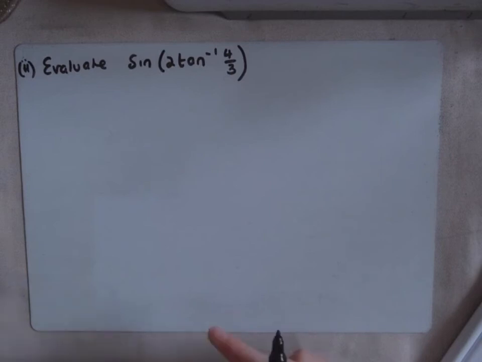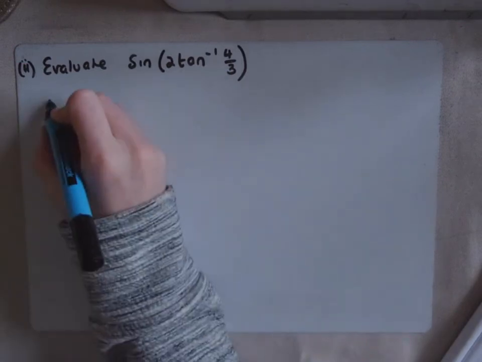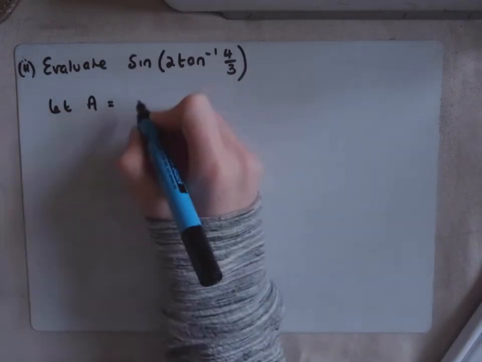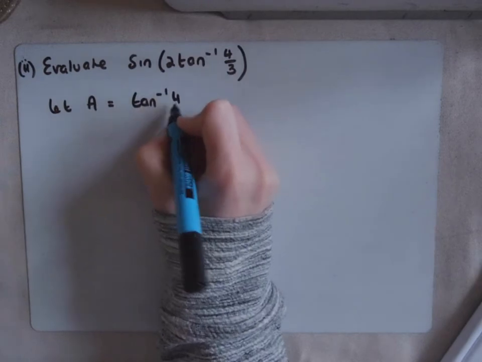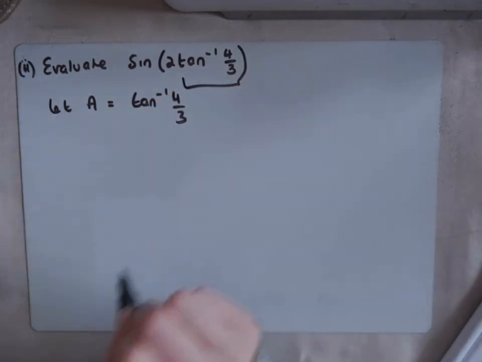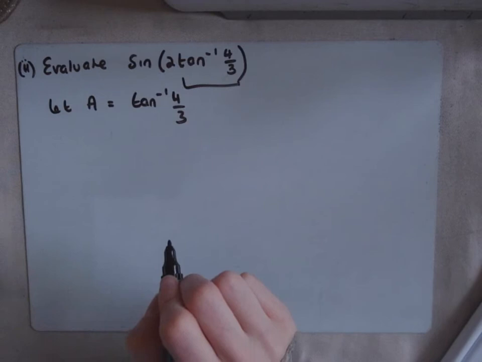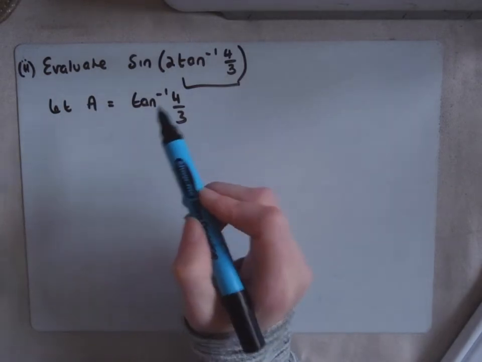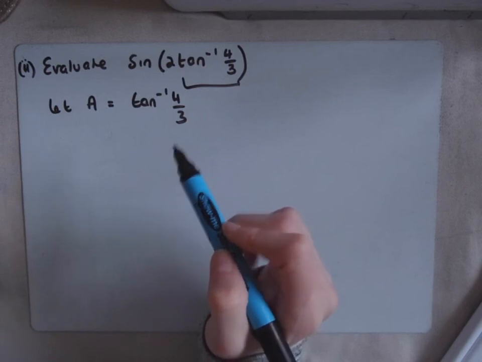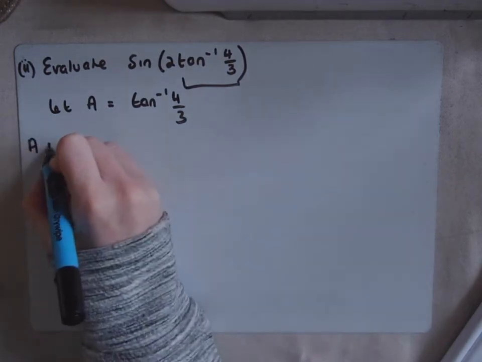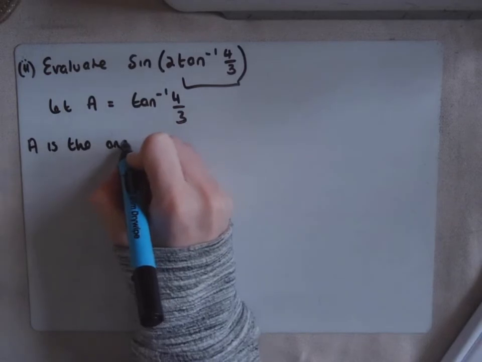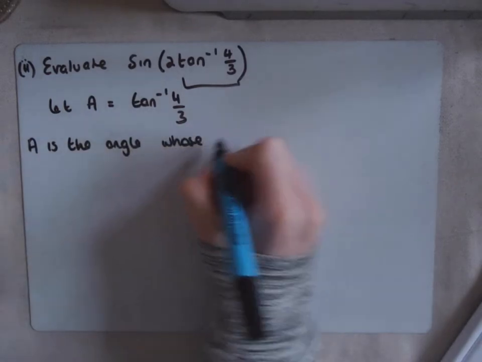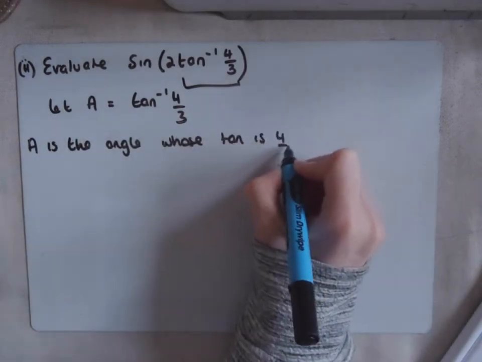We've sine of 2a, for example. So you might decide you're going to let a, because it's an angle, equal to this. And I know that's an angle. So a is the angle whose tan is 4 over 3. Okay, let's write that in words just to help you. A is the angle whose tan is 4 over 3.